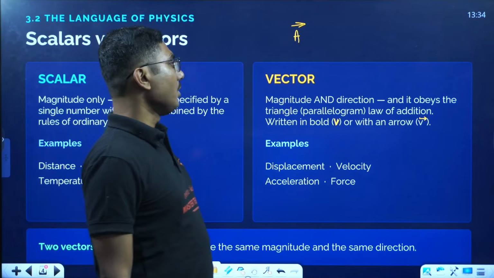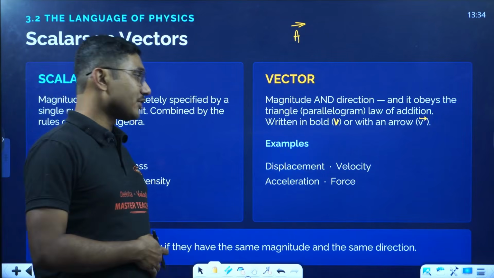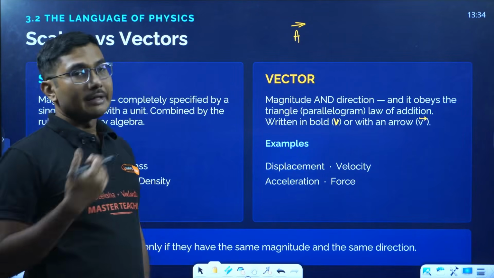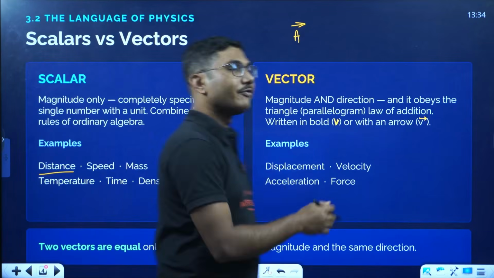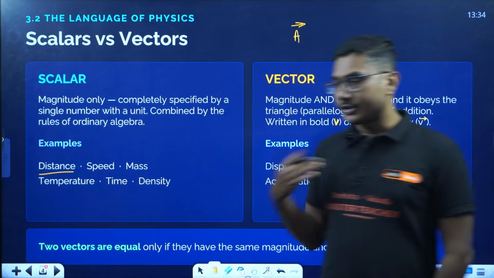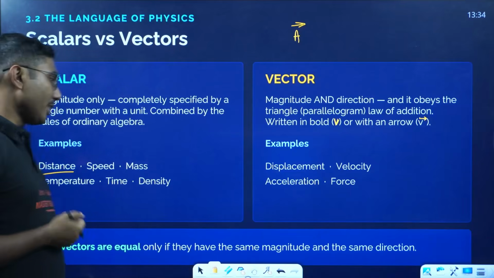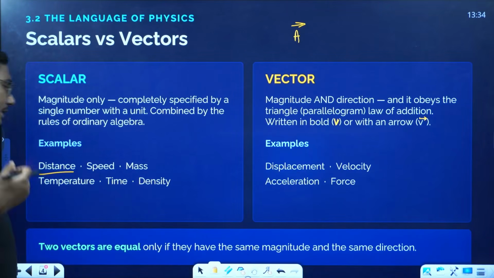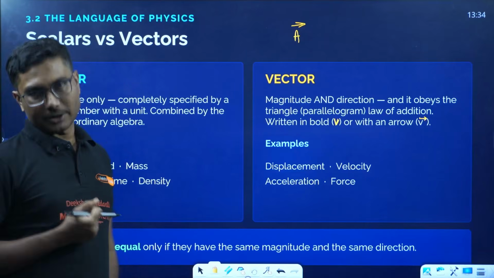Examples are velocity, acceleration, force, displacement. Distance is a scalar. Displacement is a vector quantity, whereas distance is a scalar quantity. Two vectors are equal only if they have the same magnitude and the same direction.